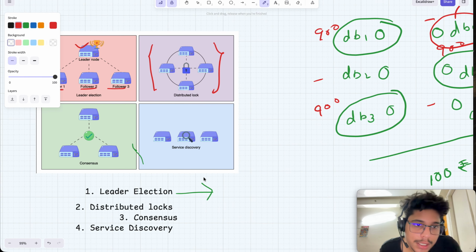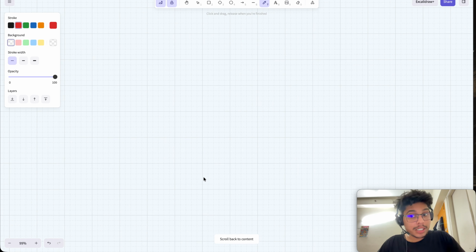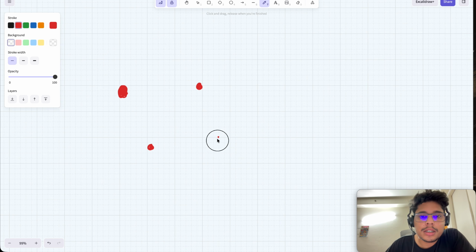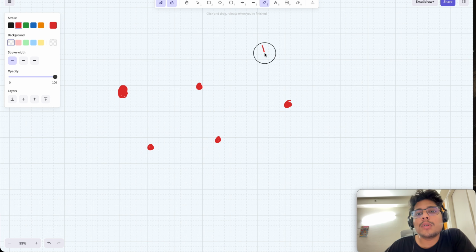Next we have consensus, which is a very important topic as well. First you have to understand one thing. Suppose these are people. I know they are not looking like people, but they are people, and we have a voting happening.